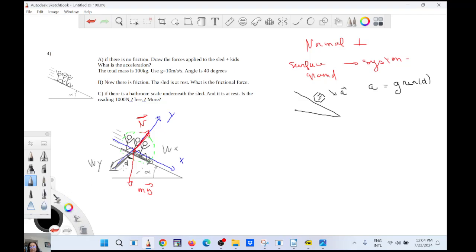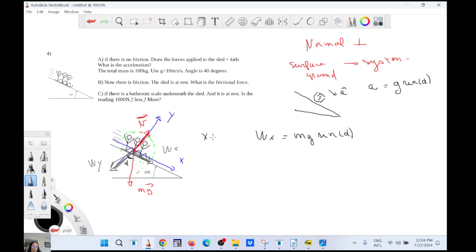So you can even memorize that the x component of the weight is always mg sine. Yes, it's the opposite. Just memorize it. The x component of the weight along the inclined plane is mg sine.